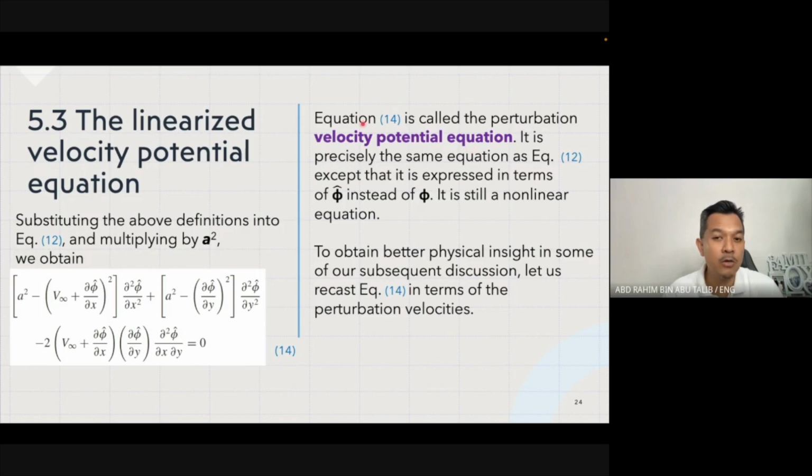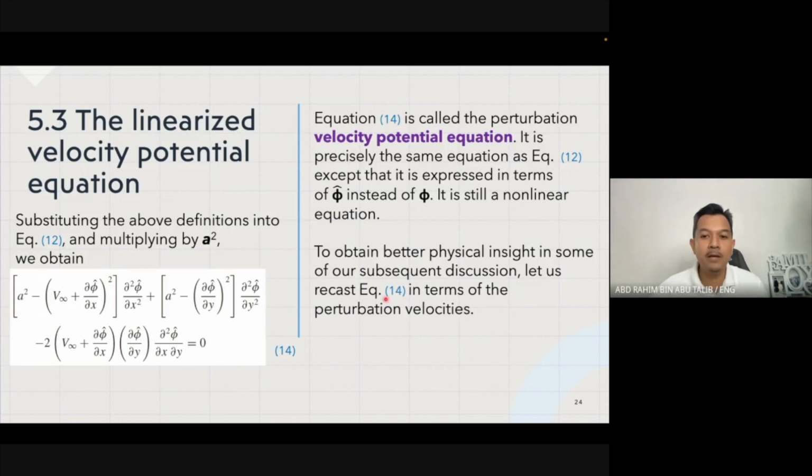Earlier, equation 12 was only the velocity potential equation. It is precisely the same equation, except that it is expressed in terms of phi hat, the perturbation velocity potential, instead of just the velocity potential. However, it is still a non-linear equation.